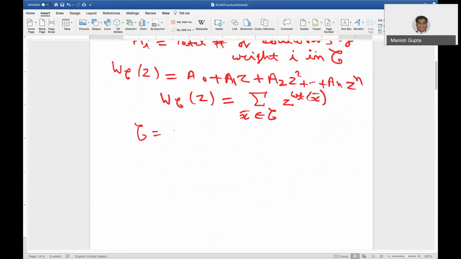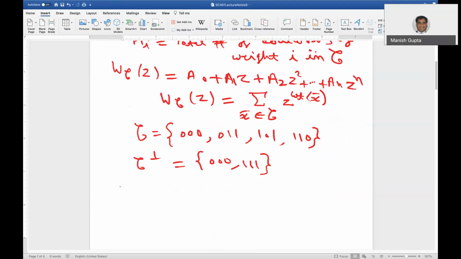Let us see some examples here. Suppose C is the code 000, 011, 101, 110, and the dual code is, we know, 000, 111. So W_C(z) is 1 plus 3z squared. This denotes how many vectors there are of weight 2, which is 3.